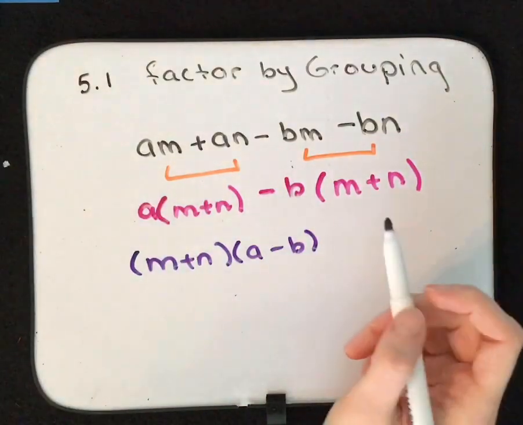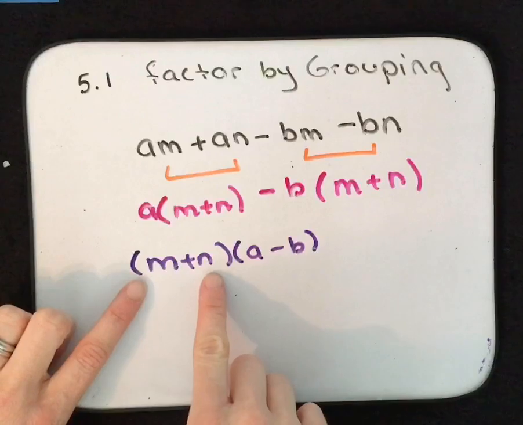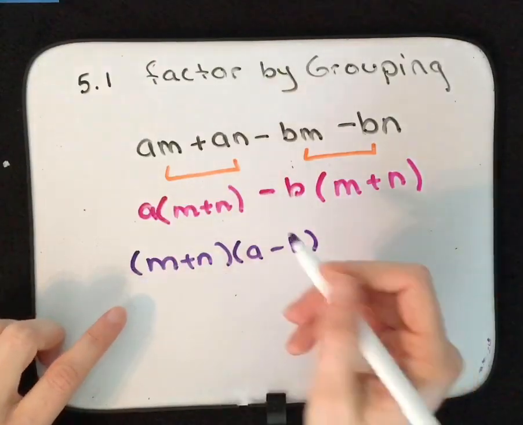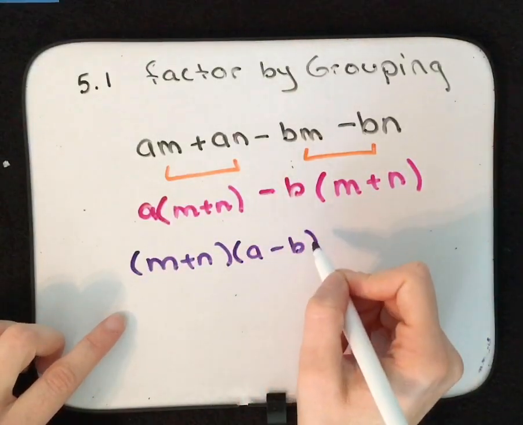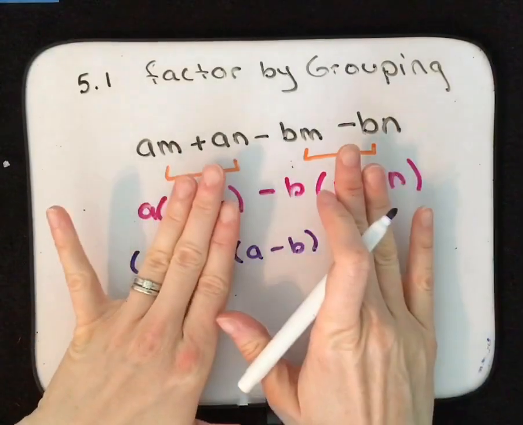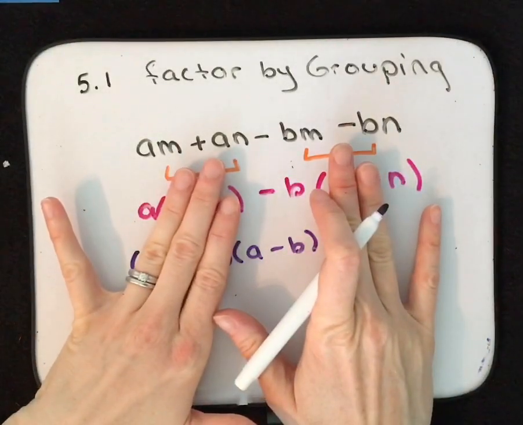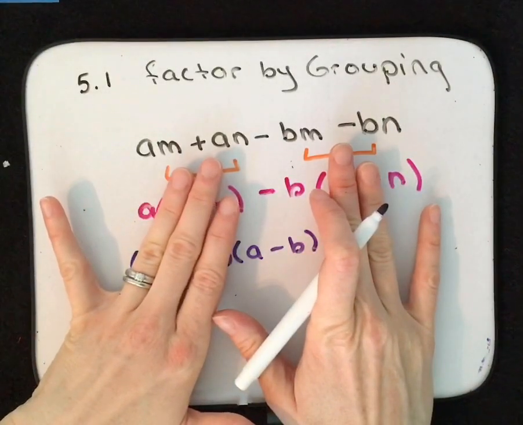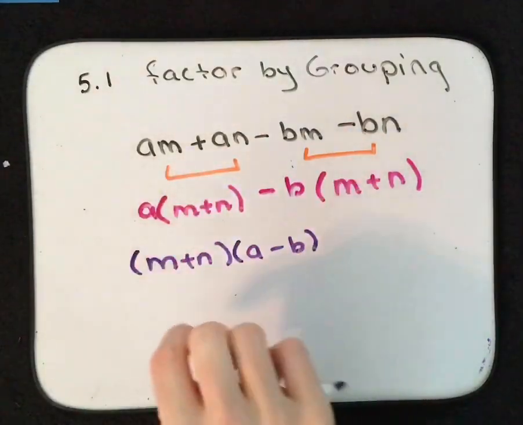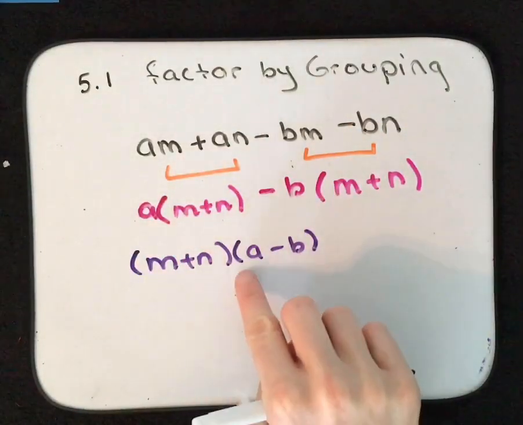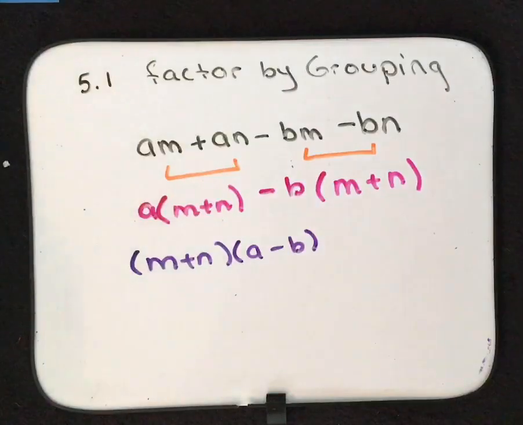Be careful when you pull something out, in this case our M plus N, you're multiplying that by what's left over. So we pulled out our M plus N, and we're left with the A minus B. So we're multiplying our M plus N times our A minus B.